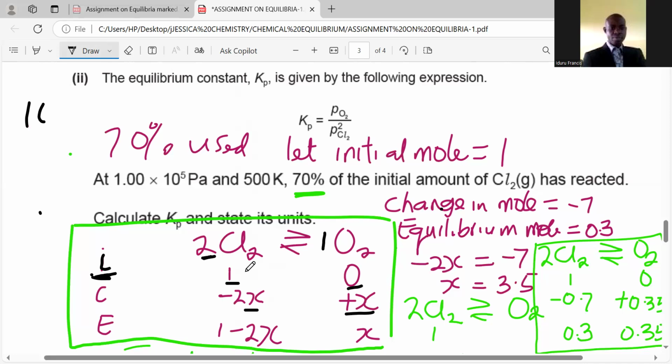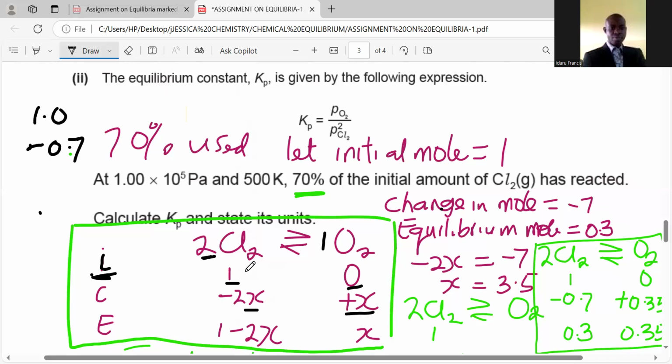But here I'm starting with 1.0 mole, which means minus 0.7 has been used, which is 70%. So at 500 Kelvin, 70% means 0.7, but minus 0.7.